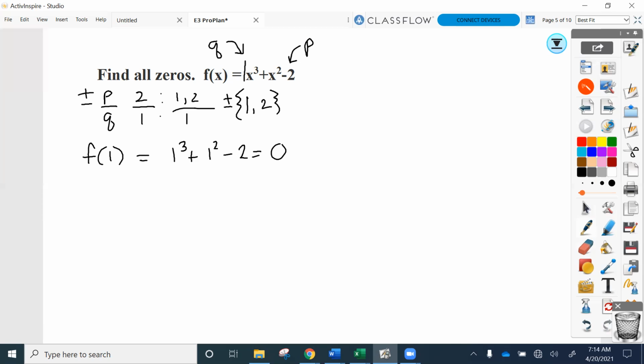Okay, so if we do the synthetic division with that 1 that we know is 0, because when you put it into the original equation, it gave you 0. So let's see, we have to be careful here because there's missing powers.